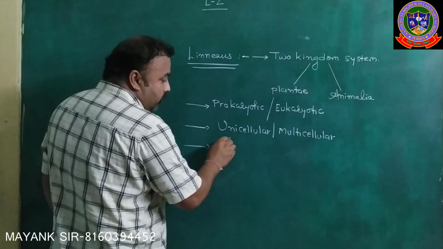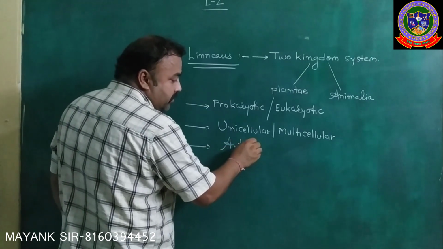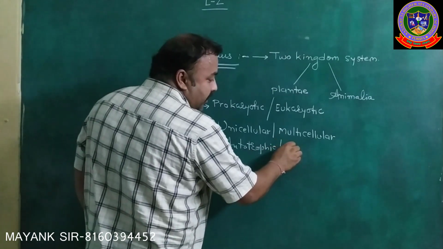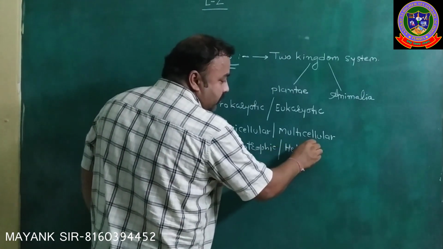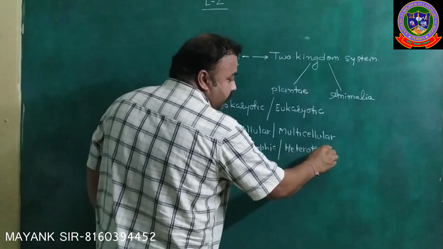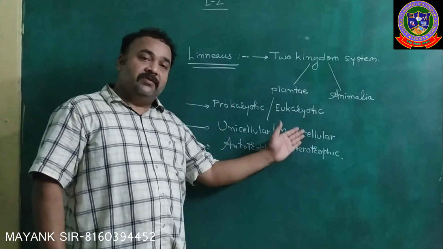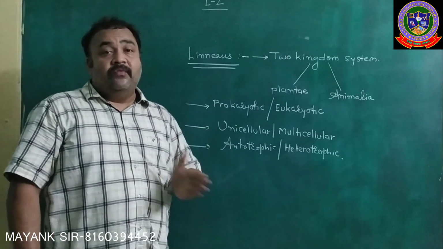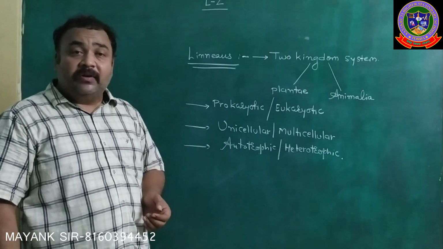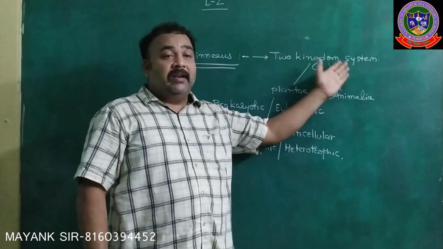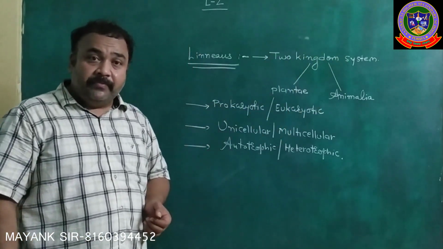Either they are autotrophic or they are heterotrophic. These simple characters were not taken into consideration by Carolus Linnaeus for two-kingdom system of classification.